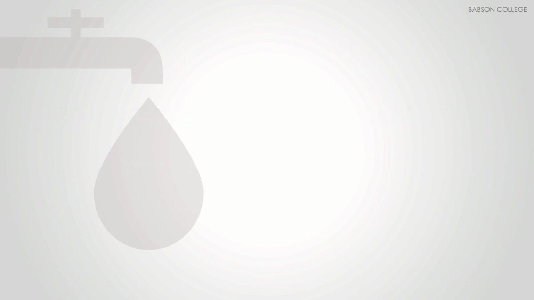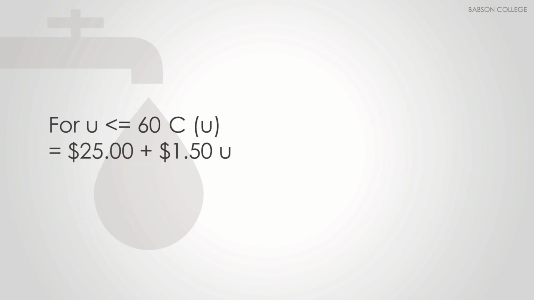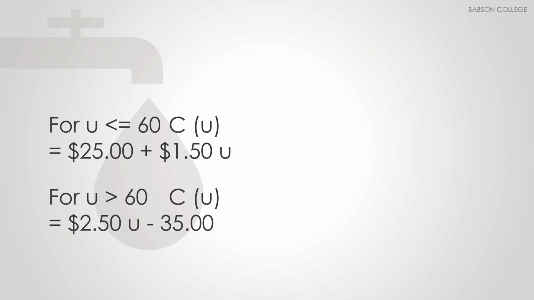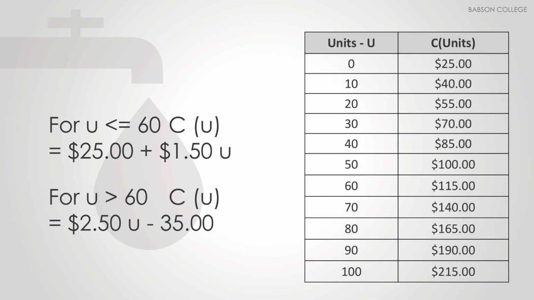We can summarize this to the following. You may recognize this pattern as it is similar to a page in the U.S. tax booklets. Once again, we can create a table like the one you see here for a range of values of U to give us a guide as to the cost structure.